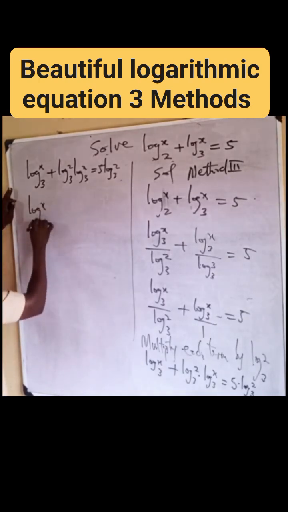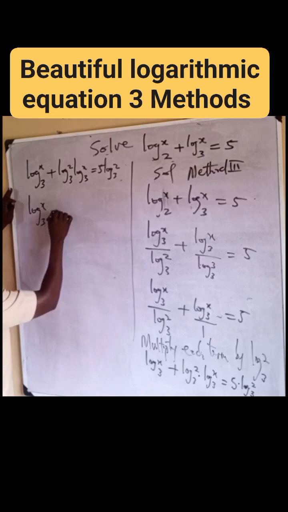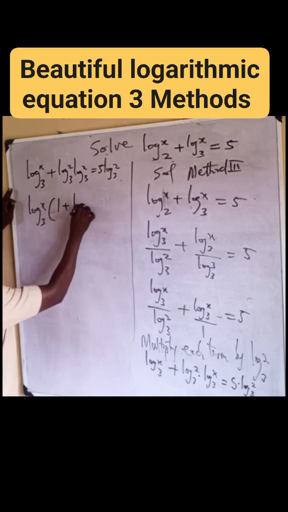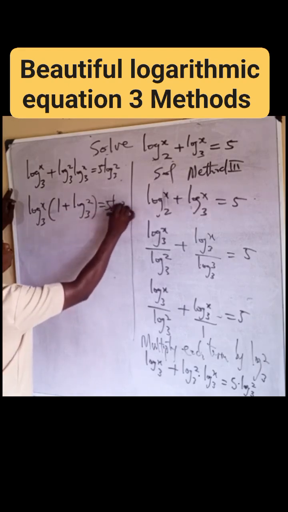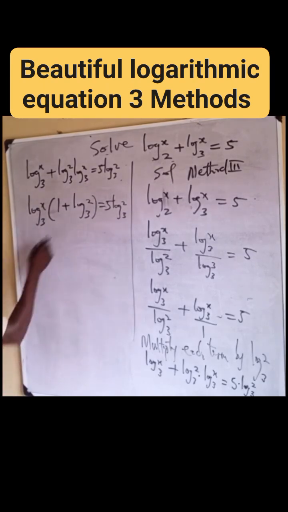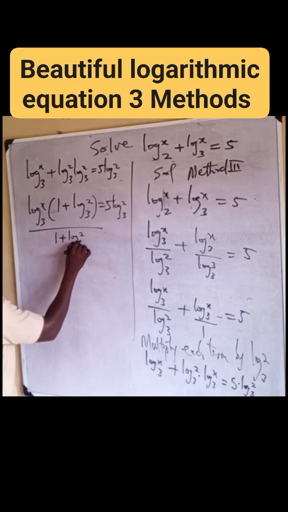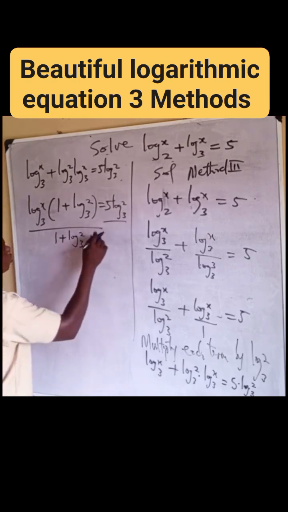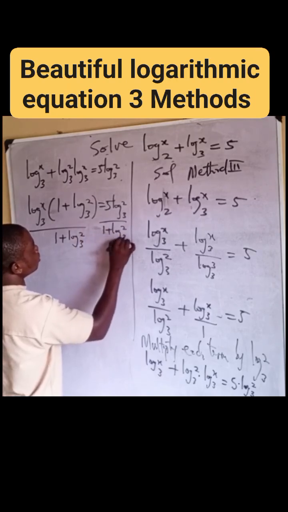So log x base 3 is equal to, we factor it out, log x base 3 into 1, because this time this will give us this, plus log 2 base 3 is equal to 5 log 2 base 3. So this is the coefficient of log x base 3. So we divide by 1 plus log 2 base 3. Divide this side also by 1 plus log 2 base 3.